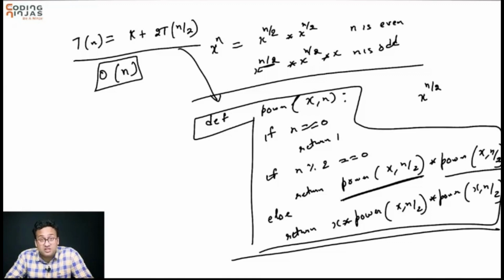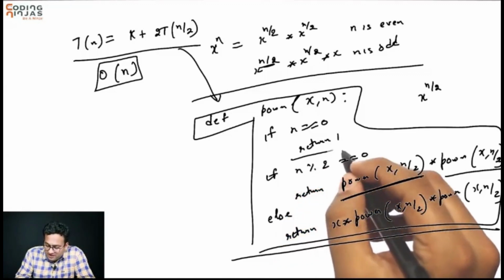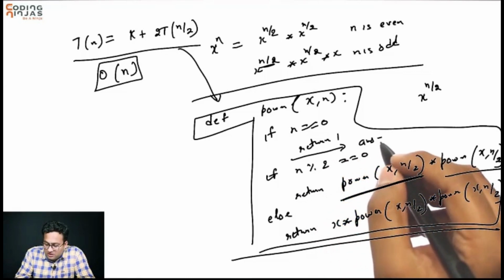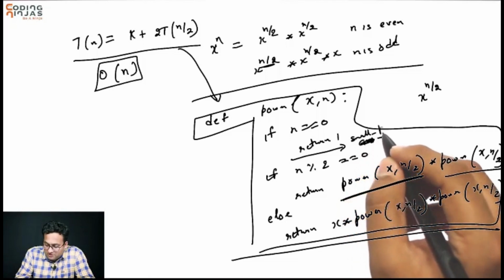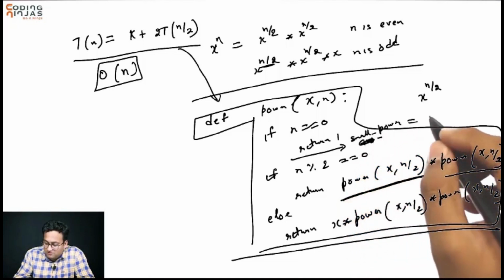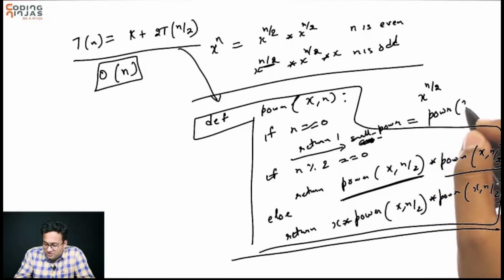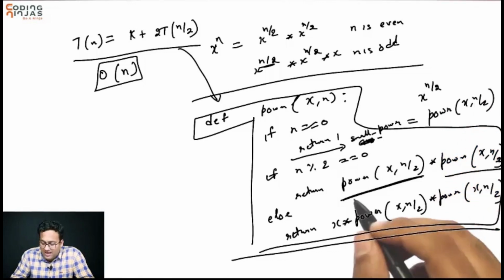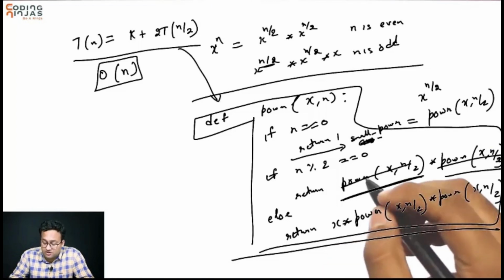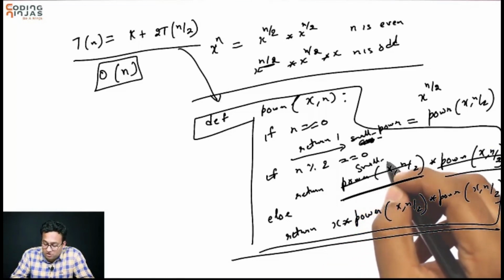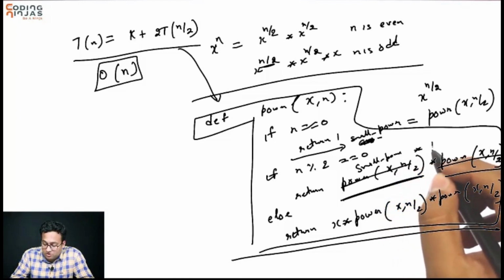It could have been much better if I had here itself, if I do small power is equal to power(x, n/2), and then instead of writing this function call 2 times, I could have written small power into small power.